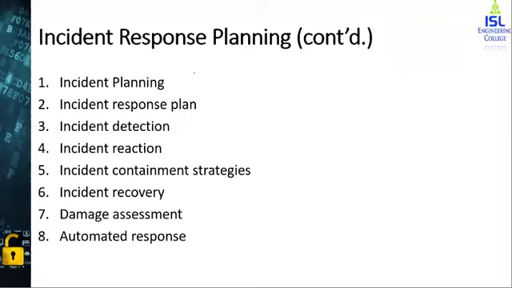Then the incident response planning focuses on 8 different aspects. First, incident planning, what you're going to do. Then incident response means what the organization must do, how you're going to respond to that particular attack. Incident detection, what area is affected, what particular asset is affected. Then incident reaction, now that you know which particular asset is there, how you're going to minimize the impact.